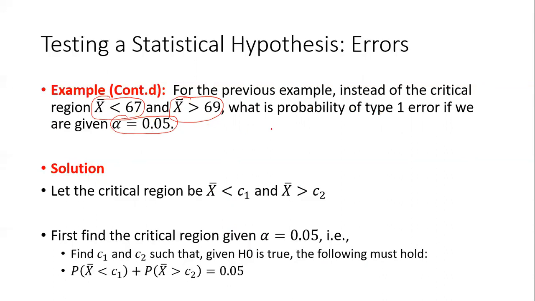Remember, generally what we do is we are just given alpha, and we calculate the critical region. So given alpha, we find the critical region.